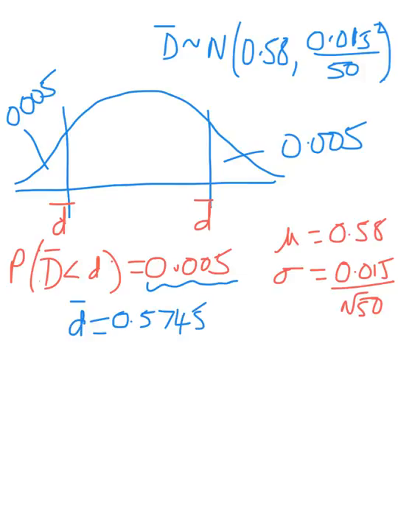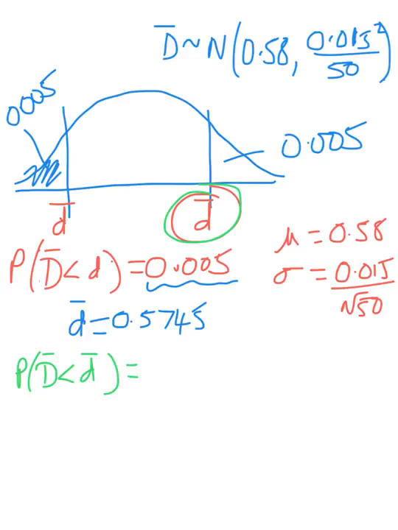And so that's using that critical region there. To work out this value here, I'll do it in green, it's the probability that it is less than 0.995.